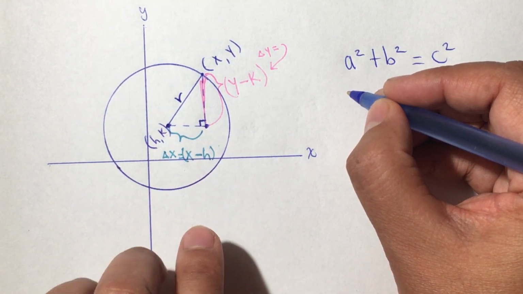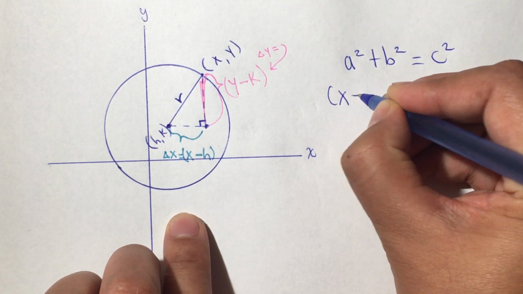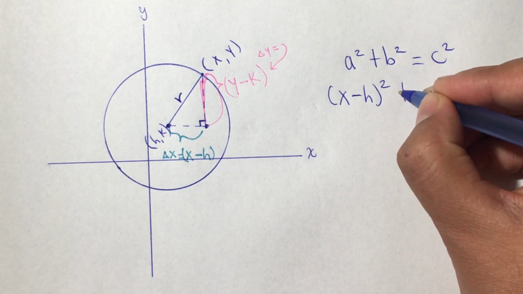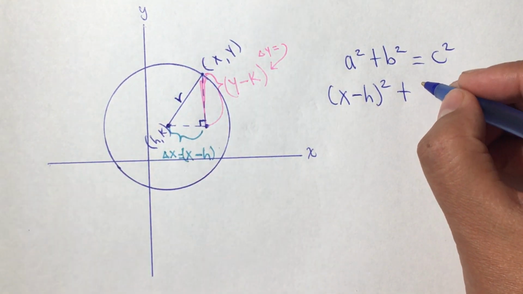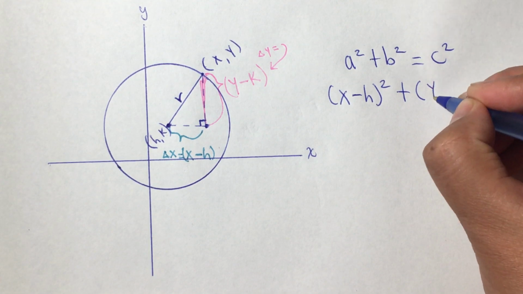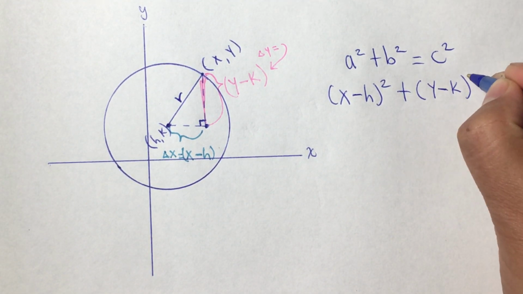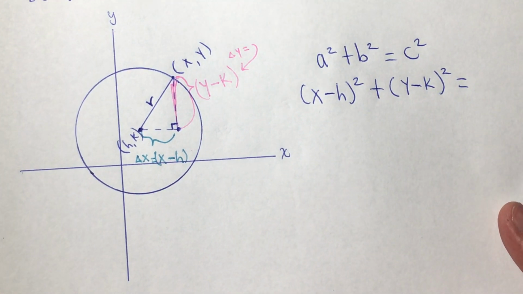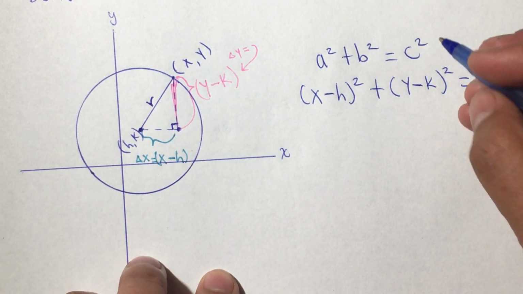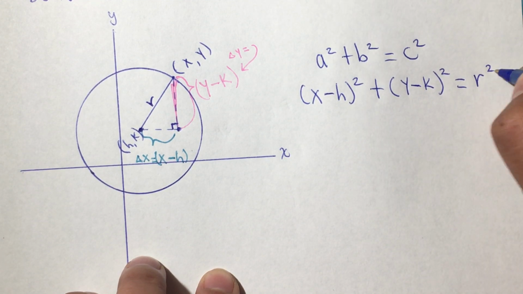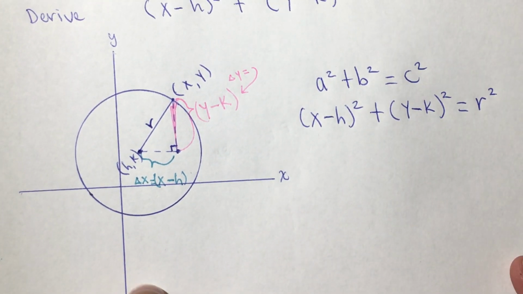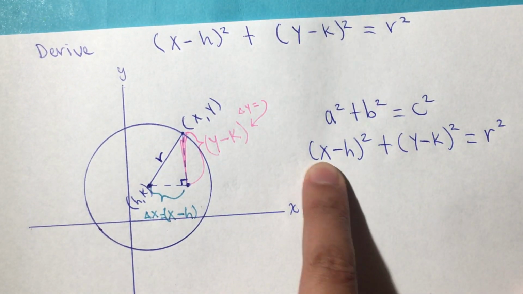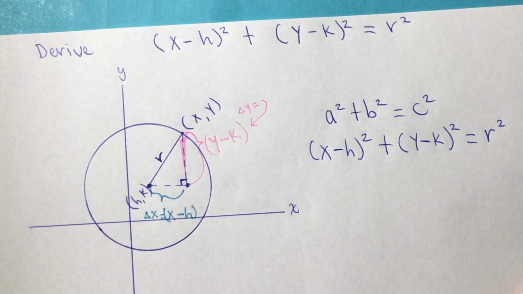A will be the change on x, which is x minus h, squared because of the Pythagorean theorem, plus b will be y minus k, squared because of the Pythagorean theorem, and that's going to be equal to c squared, which is our radius. So it's going to be our radius but squared. Okay, and as you can see, that's how we relate the Pythagorean theorem to our circle formula in standard form.